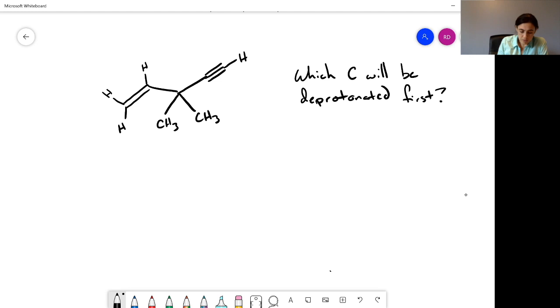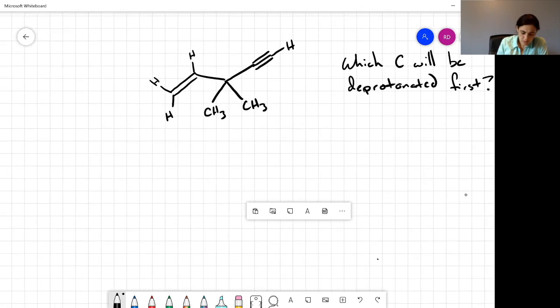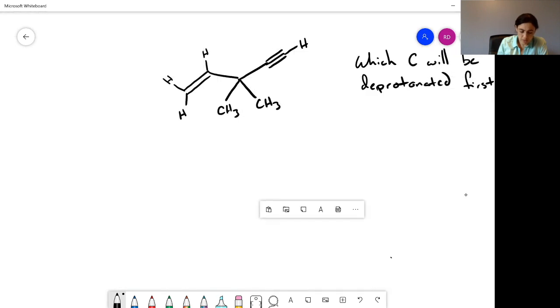All right, so we can look at this in several ways. And I guess one of the easiest ways, for the sake of right now, we're going to treat all of these sp2 hydrogens as equal.